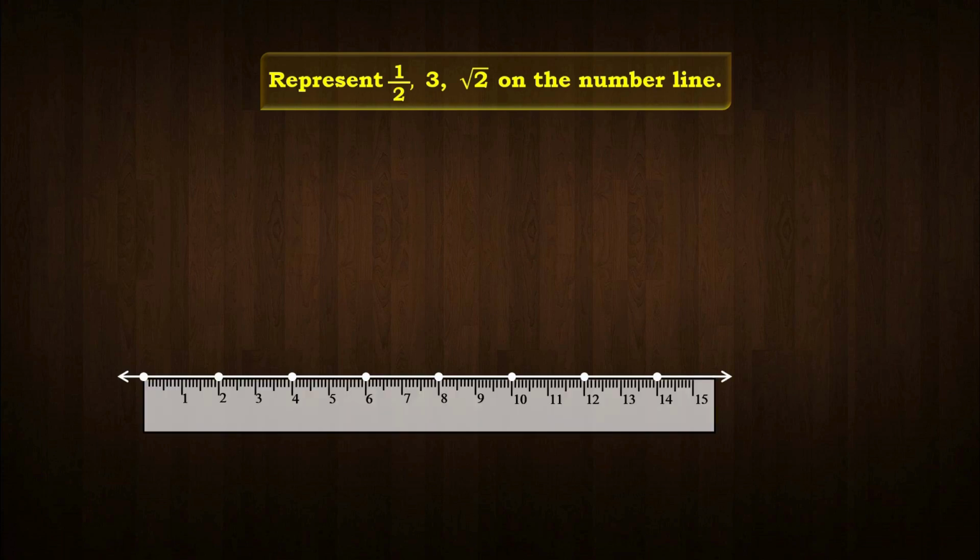If you take a look, here we are taking 2 centimeter as 1 unit, so that the number line will be bigger. Otherwise, the divisions will be more closer and drawing will not be so good.